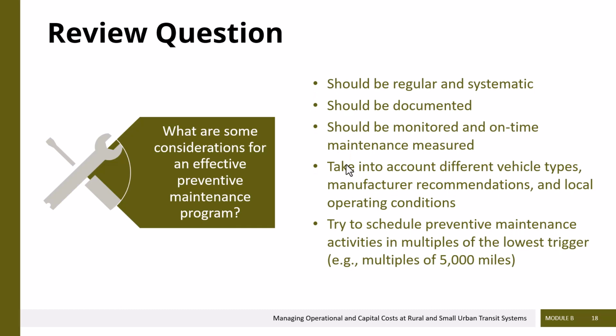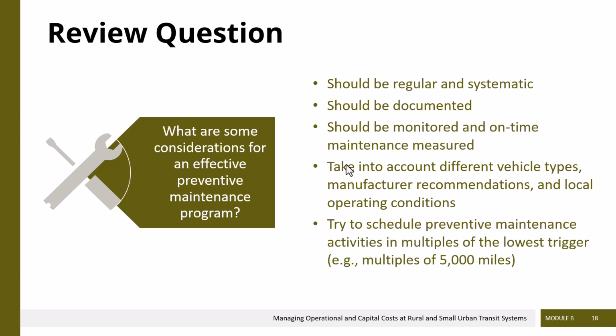There are many considerations we discussed prior in this video. First, preventive maintenance should be regular, systematic, documented, monitored, and you should also measure your on-time performance of preventive maintenance so you understand if you're getting your PMs done on time. It's important when setting your preventive maintenance program up to take into account the different vehicle types you have, also looking at manufacturers' recommendations, as well as modifying those recommendations due to local operating conditions.